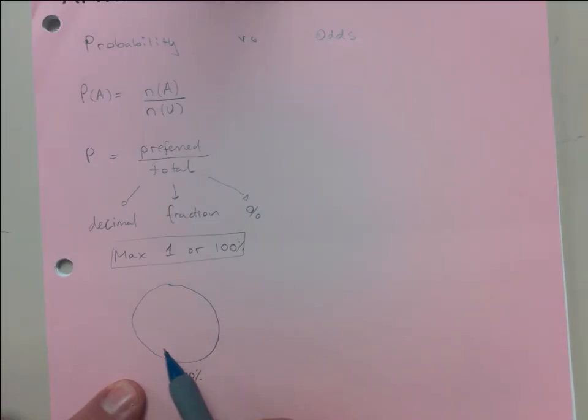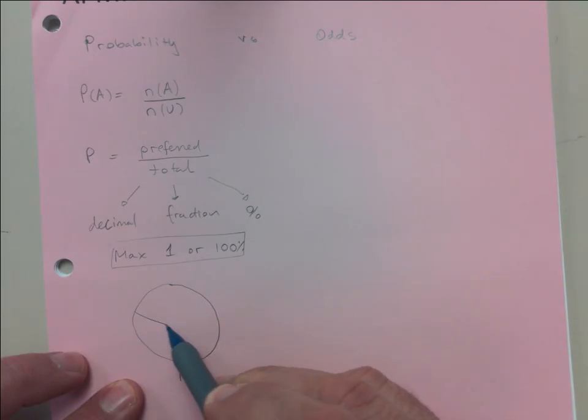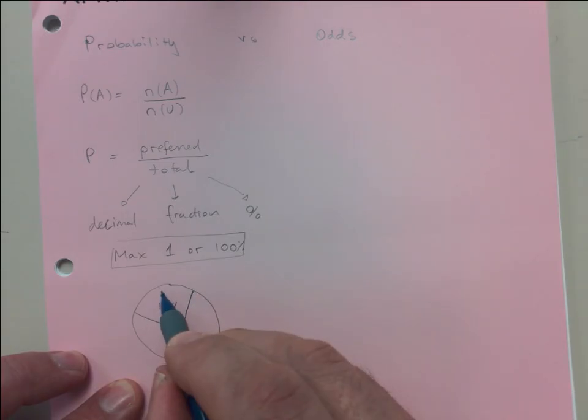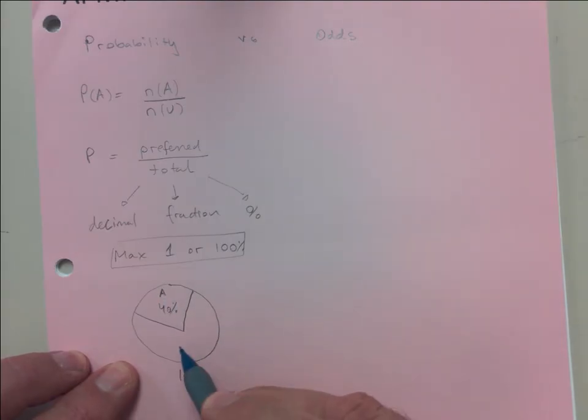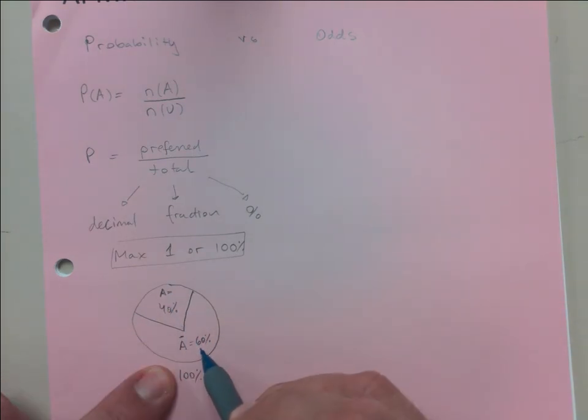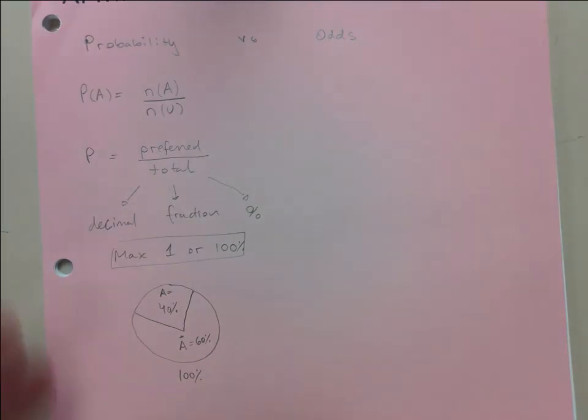If the probability of A happening is 40%, then not A would be 60%. So A happening is 40%, not happening is 60%. We're going to use that a lot.